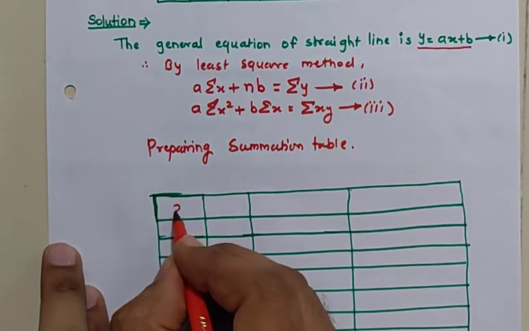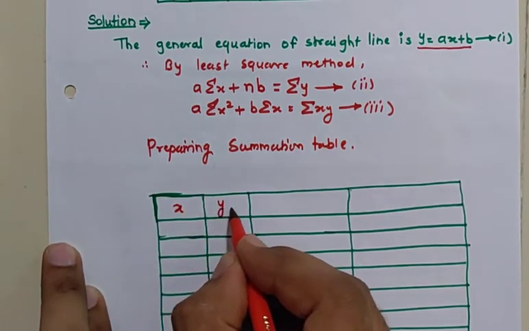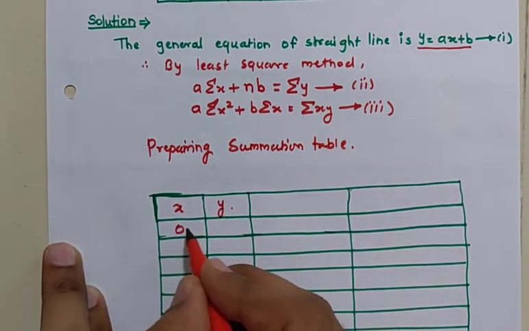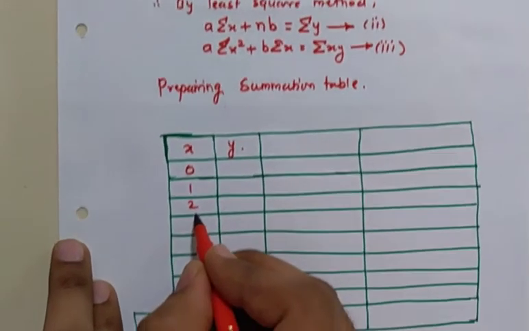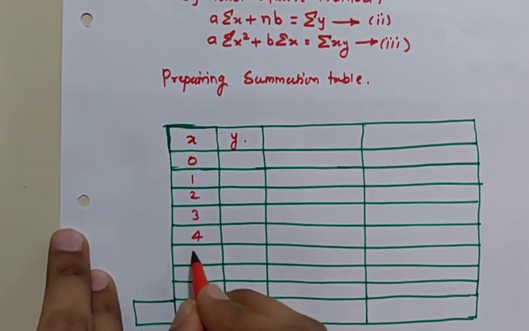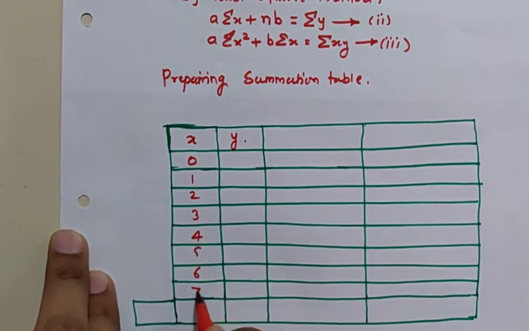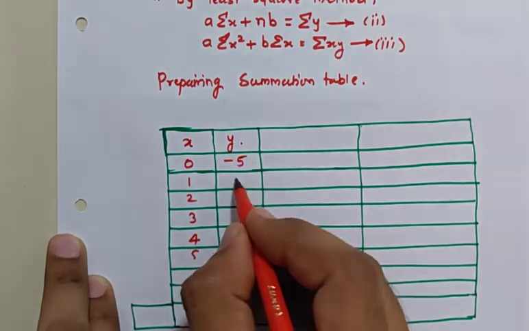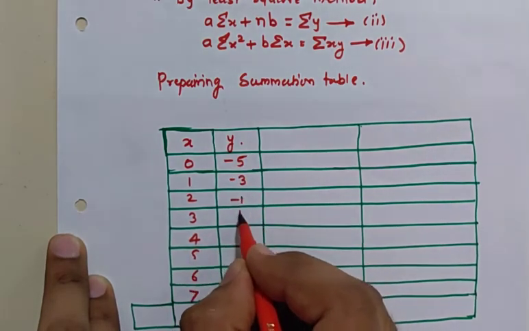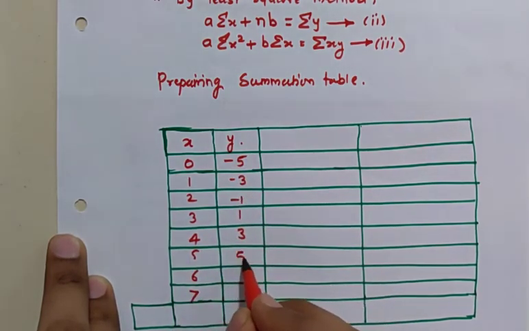Write the different values of x and the corresponding values of y. So in the first column, the different values of x: 0, 1, 2, 3, 4, 5, 6, 7, and the corresponding values of y: minus 5, minus 3, minus 1, 1, 3, 5, 7, 9.